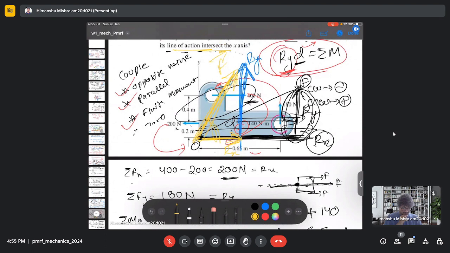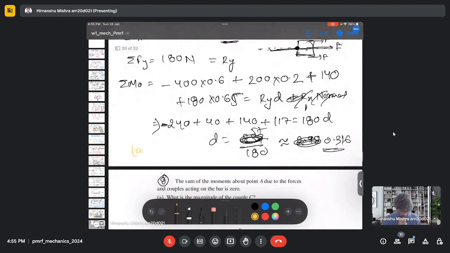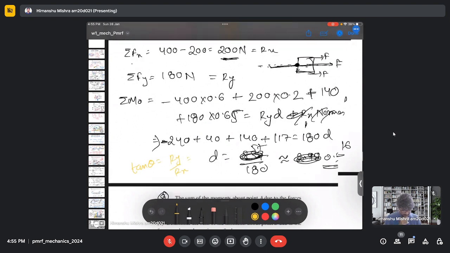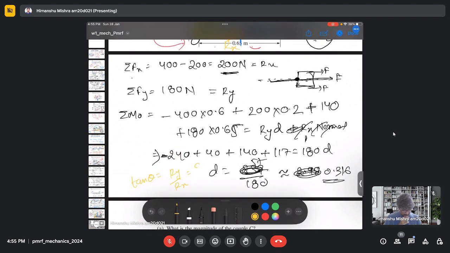And you can define the angle theta by using tan theta equals Ry by Rx, which is basically 9 by 10. Theta is approximately tan inverse 0.9, and theta in degrees will be somewhere around 40 to 45.